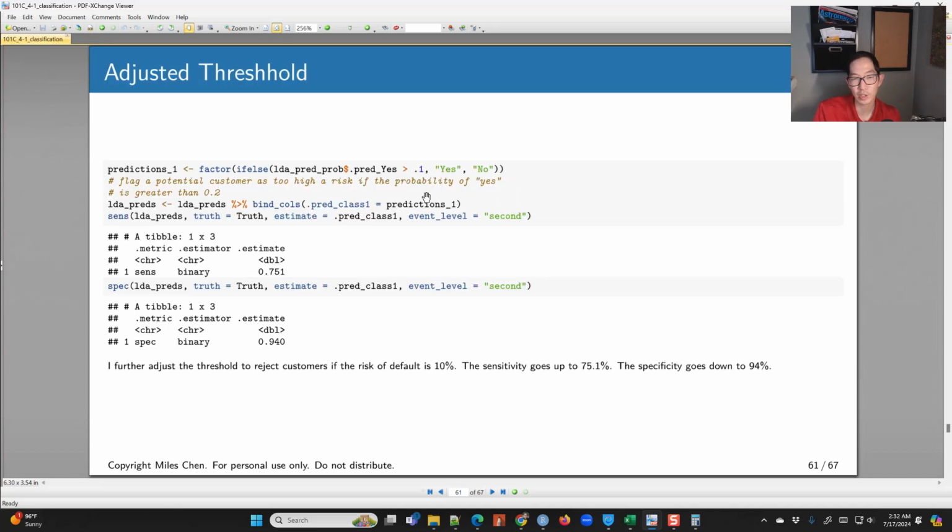If we lower that threshold even further and say, hey, we reject anybody with a risk of default of 10% or higher, then my sensitivity goes up to 75%, but my specificity goes down to 94%. So now I'm flagging more people who default, getting it right 75% of the time. But now I'm making a lot more false positives. My specificity drops down to 0.94.